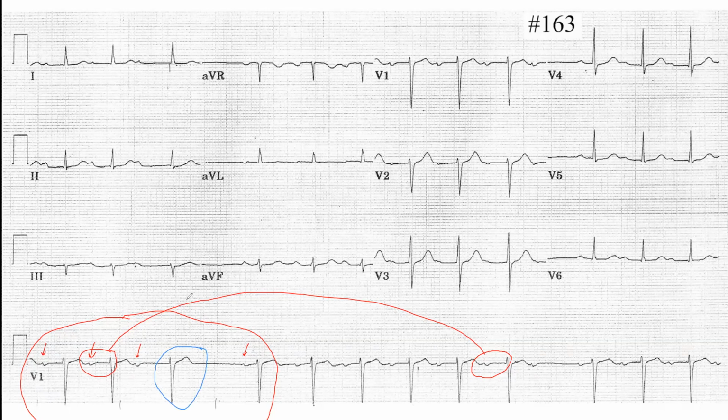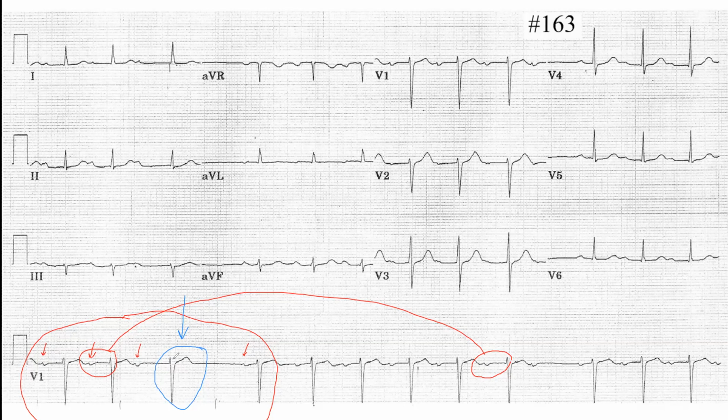How would you call this type of beat? Because that's not a conducted beat. It was a gap, and later on a lower center fired, so that's a junctional escape beat.